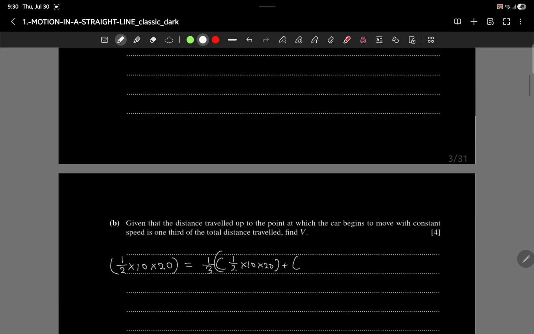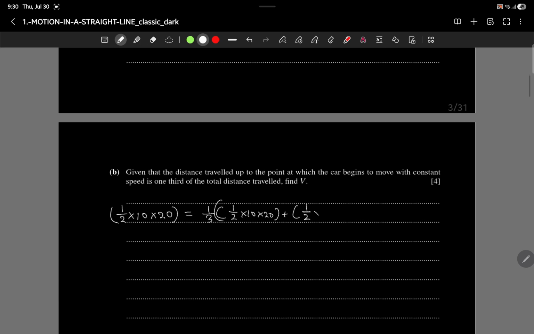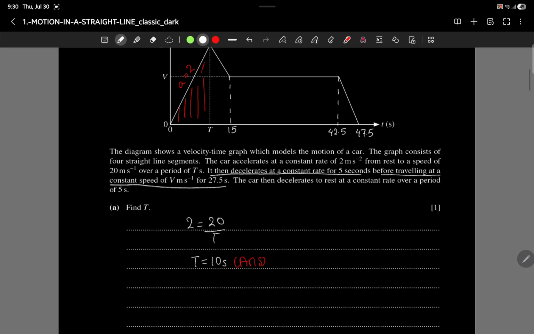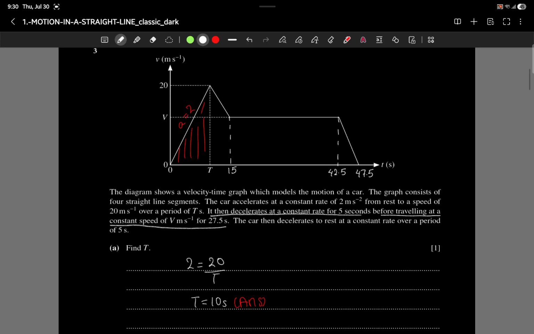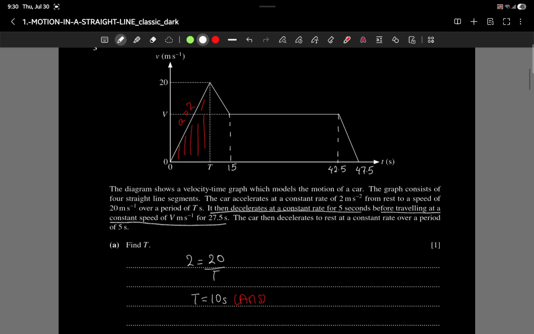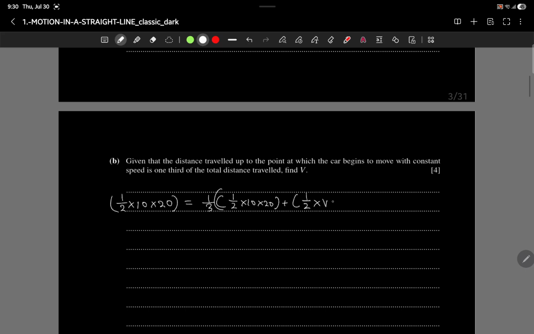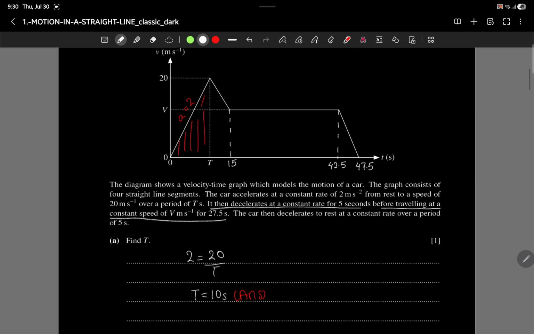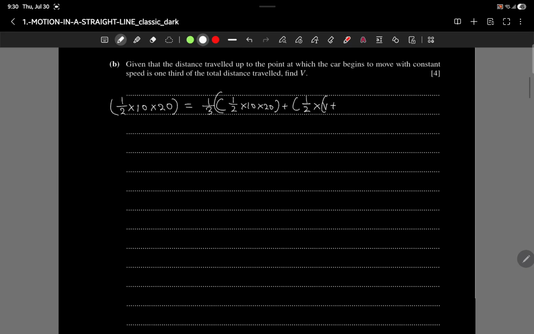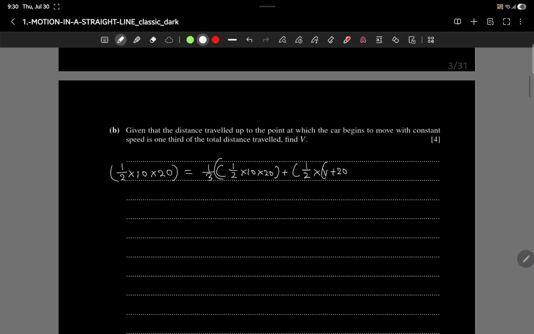So now, half into one side, which is going to be v. The other side, trapezium, 20.